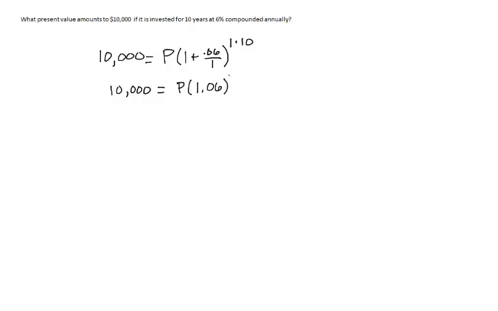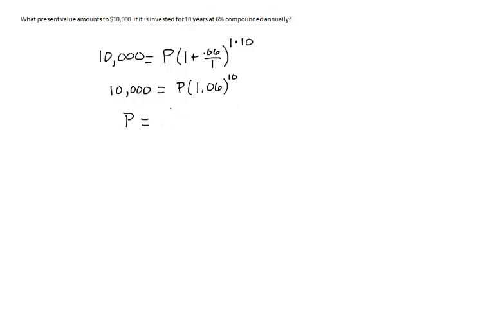So we know A is 10,000 equals to, now we're looking for P, and we know that we have 1 plus our rate, which is 0.06, divided by compounds, and it's compounded annually, so this is 1, raised to the MT, and M was 1 times T is 10.